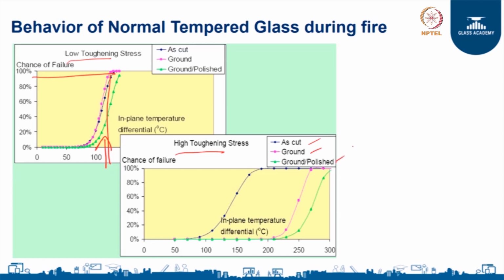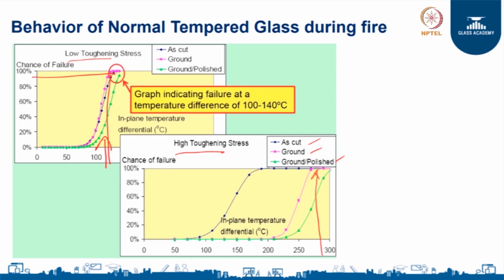Now, again, if you look at the high toughening stresses, and the three different types of edge finishes that they have mentioned, you will observe that a ground and polished glass, that is a glass which is cut, the edges are ground and polished and then subjected to very high toughening stress, even at such high toughening stresses, has a 100% chance of failure at around 280 to 300 degrees.